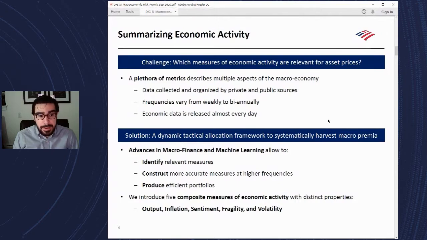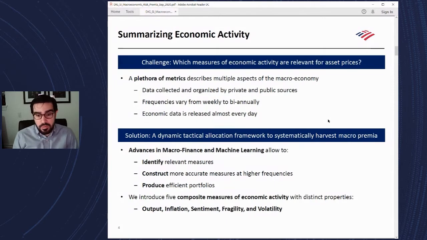Of course, the frequencies at which that data is reported vary from weekly to biannually. And what we see is that economic data is released almost on a daily basis. So that gave rise to ideas of nowcasting, how one can incorporate that information in real time to get a better depiction of where the macroeconomy stands at any given point in time.